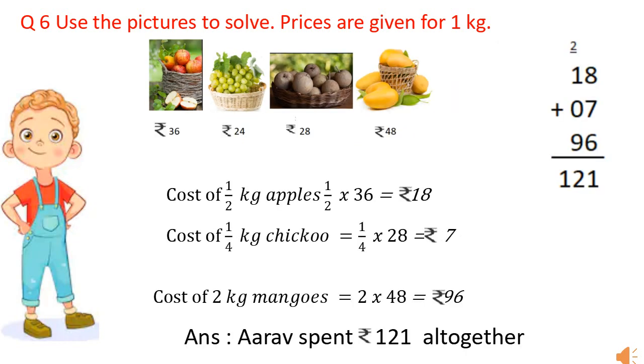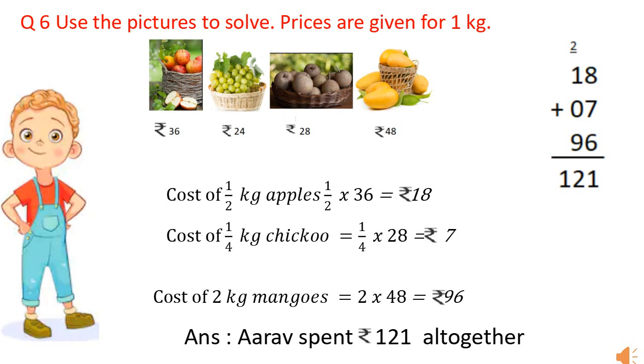So now we will find out how much Arav spent altogether on the fruits. So he paid rupees 18 for half kg of apples, rupees 7 for 1/4 kg of chiku and rupees 96 for 2 kg of mangoes.